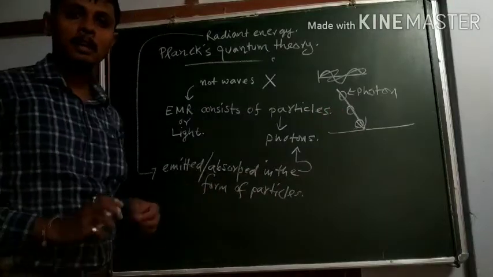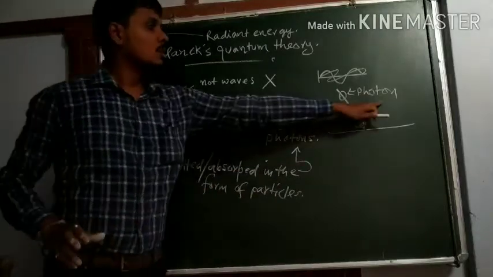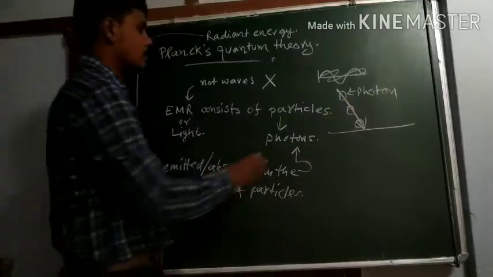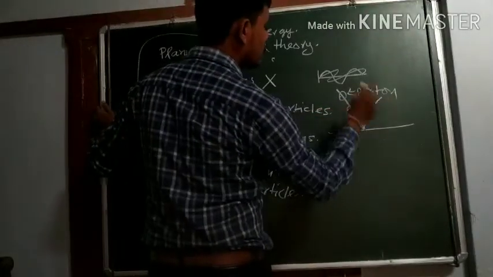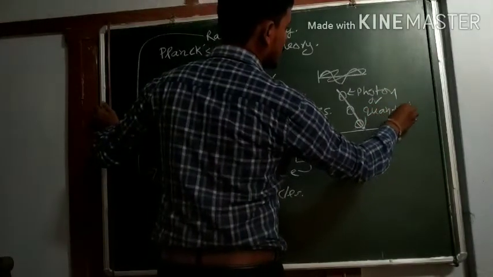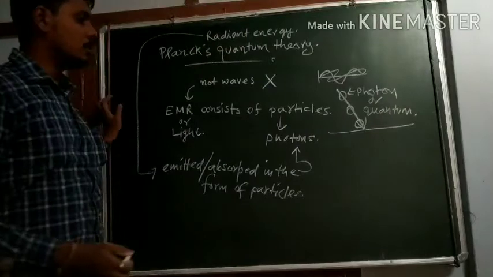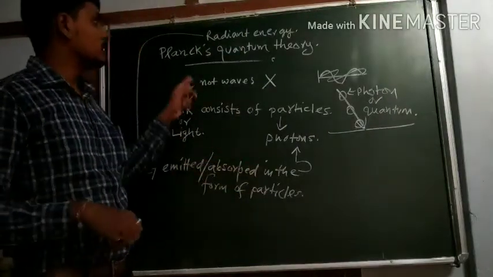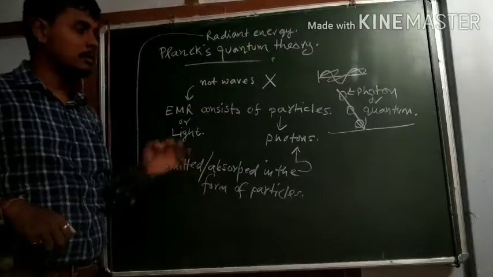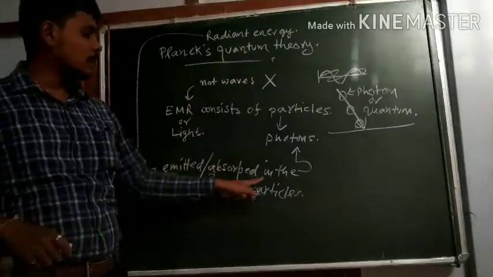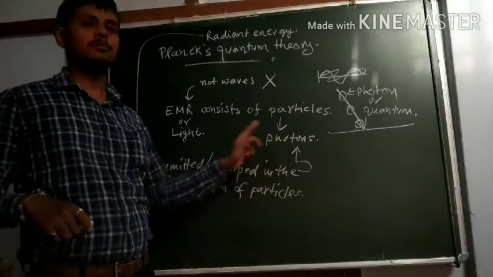That means electromagnetic radiation consists of particles called photons, or it is also called quantum. Photon or quantum both are same, so that is why it is called Planck's quantum theory, which tells us that radiant energy is emitted or absorbed in the form of particles called photons.